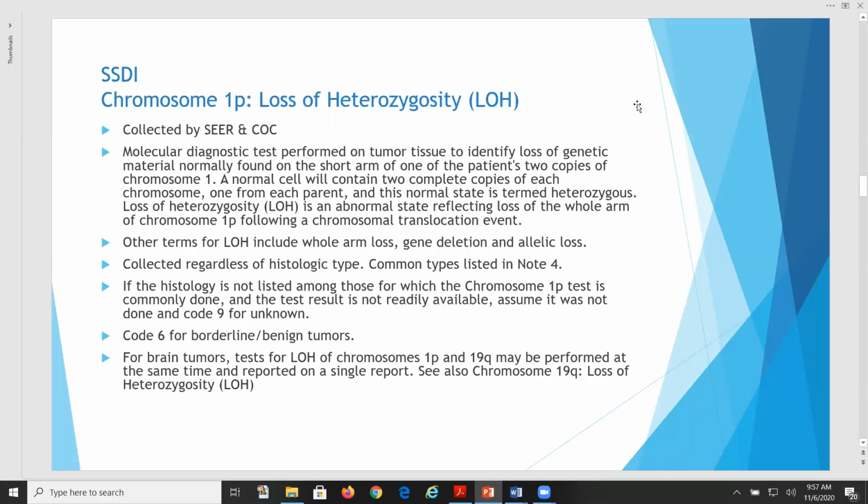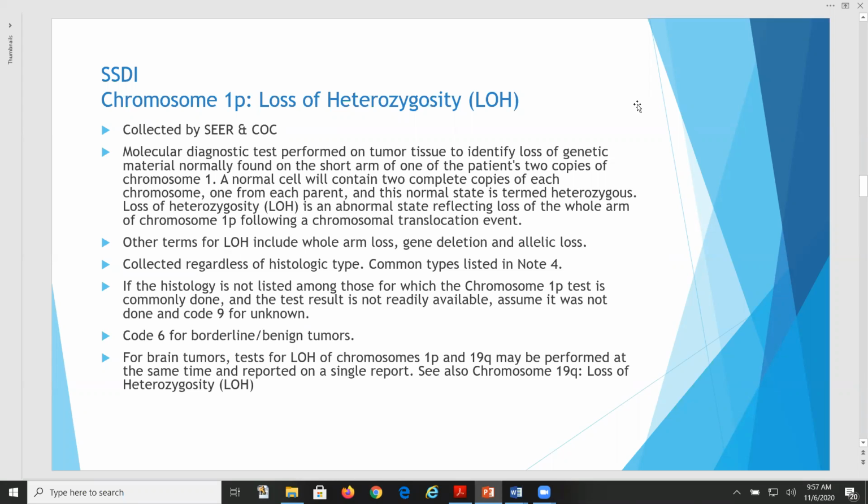Other terms for loss of heterozygosity include whole arm loss, gene deletion, and allelic loss. This is collected regardless of histologic types. The common histologic types are listed in note 4.